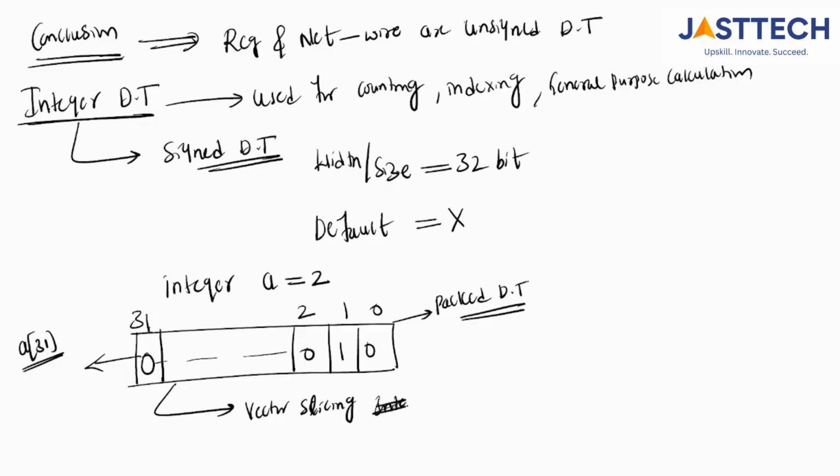Suppose I want to access integer a[3:0]; this we can't use. You need to remember that vector slicing is not possible.